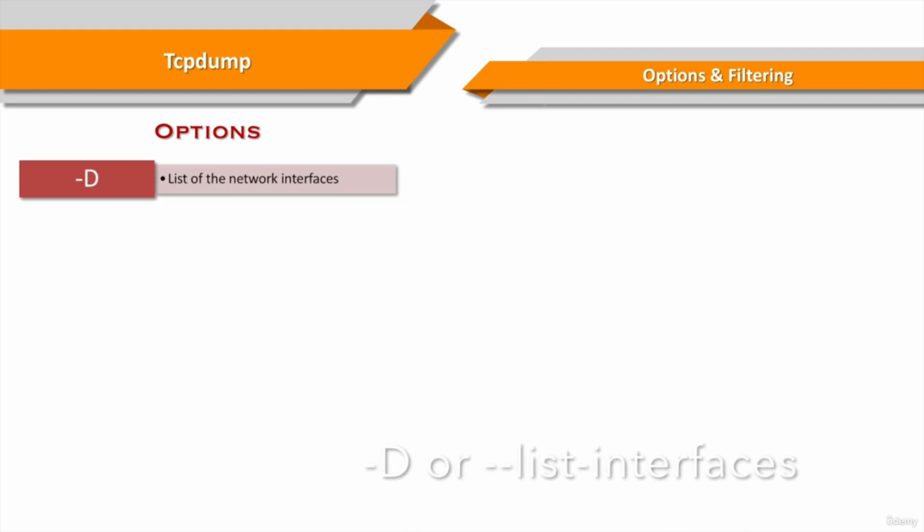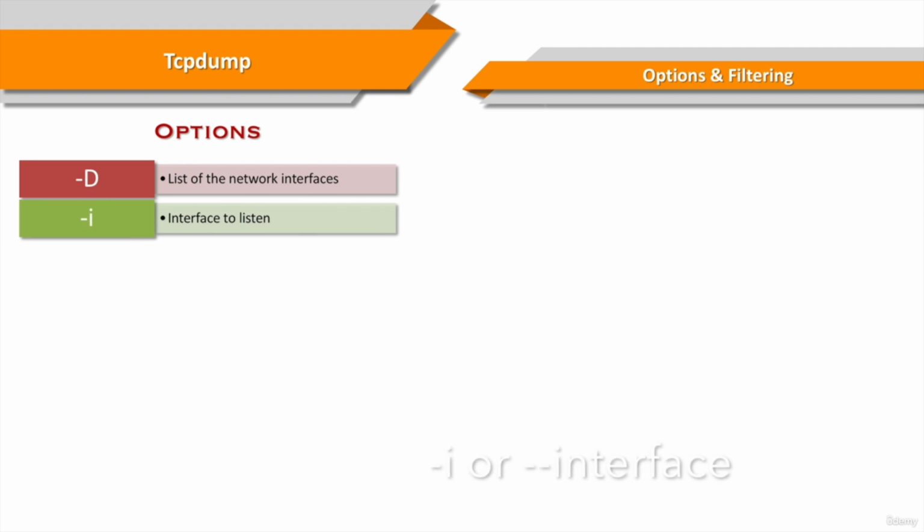-D, or --list-interfaces, prints the list of the network interfaces available on the system and on which tcpdump can capture packets. -i, or --interface, listens in on the interface.